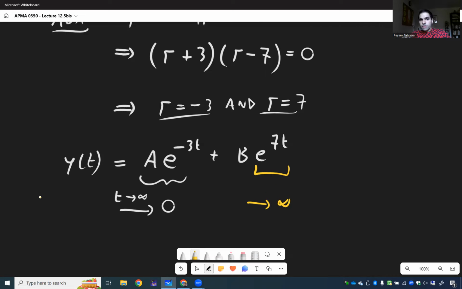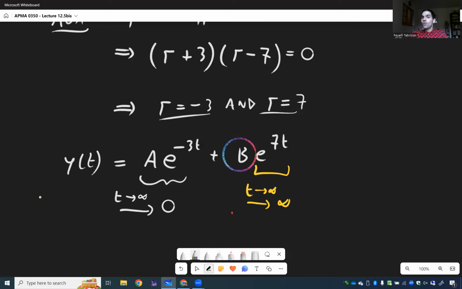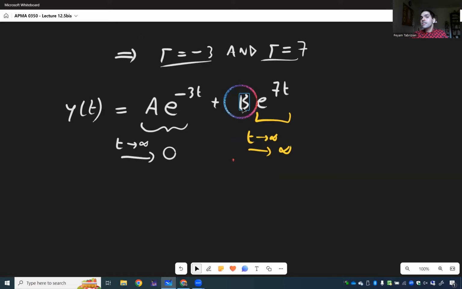So the problem is this whole term might go to either infinity or minus infinity, unless in the special case where b is 0. And so in particular, if b is non-zero, this term goes to plus or minus infinity. So whole solution goes to plus minus infinity. So if we want it to go to 0, we need to have b equals 0.